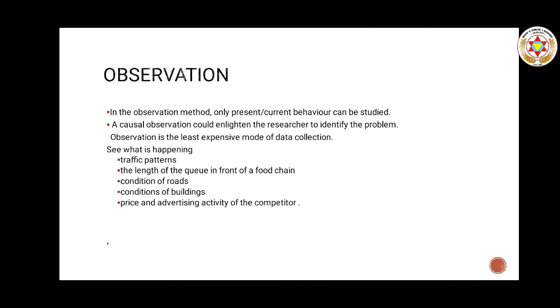For example, the observation could be a particular traffic pattern in a particular city, or the length of the queue in front of a food chain, or the condition of road, or the condition of building, or the price and advertising activity of the competitor. So all this information can be collected through observation.